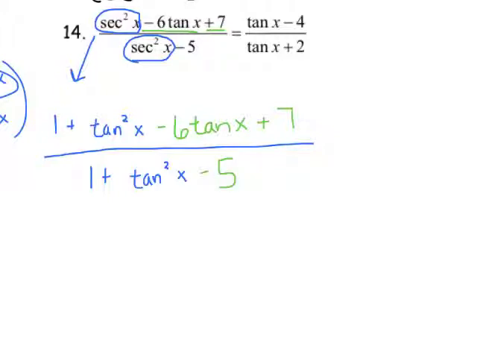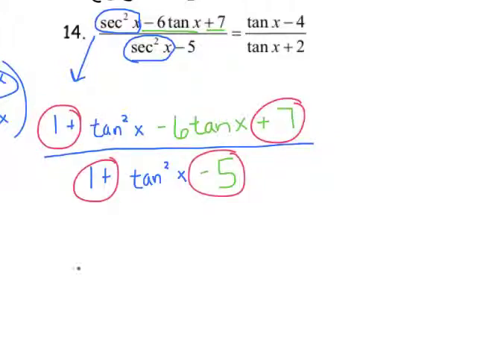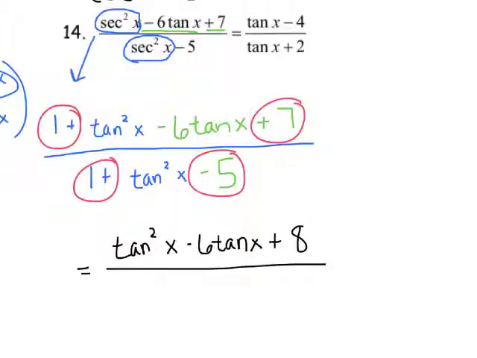Well, before we factor, we do need to combine some like terms. And so this is now going to become tangent squared minus 6 tangent, 1 plus 7 makes 8, and tangent squared minus 4. All right, now I can factor because now I have only in terms of tangent.